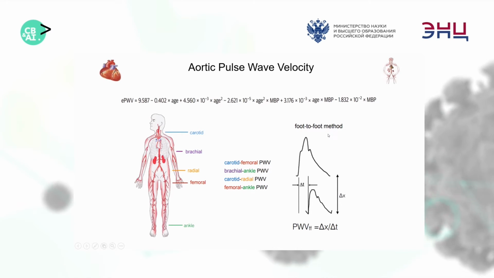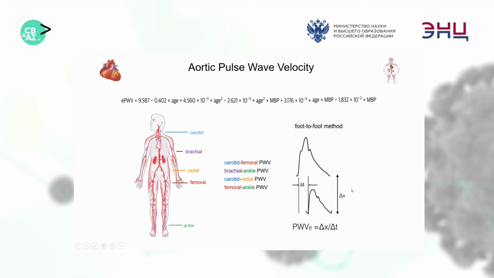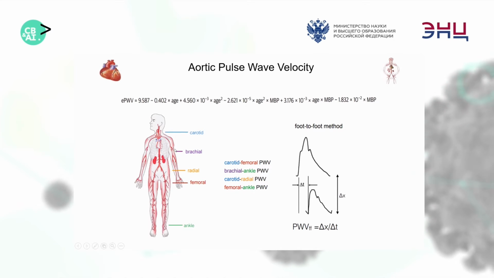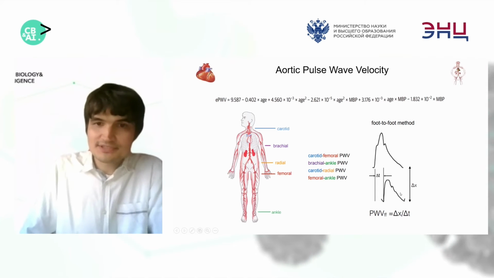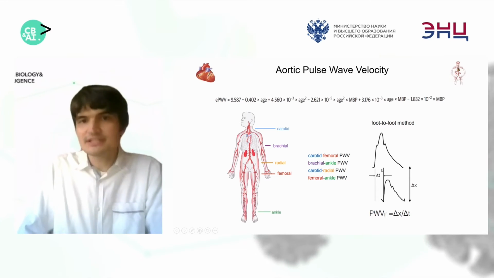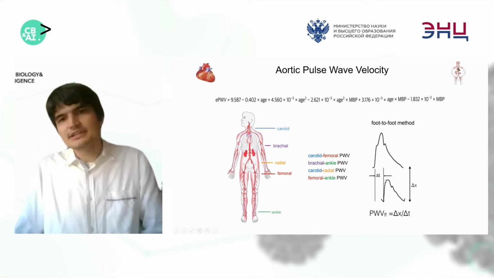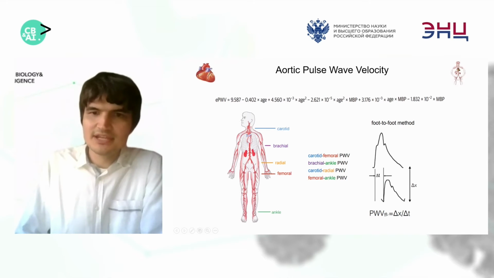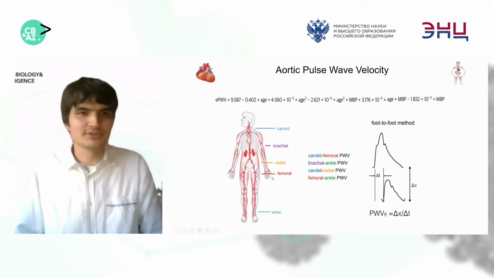This is the method when we measure the pressure pulse wave, or maybe the velocity pulse wave, at two points, for example in the carotid artery and femoral artery, or maybe in the brachial artery and near the ankle. We obtain two pulses, synchronize them with ECG, and get this delta t, the difference in time when pulses start. Then if we know the distance between these two points, we can calculate pulse wave velocity.